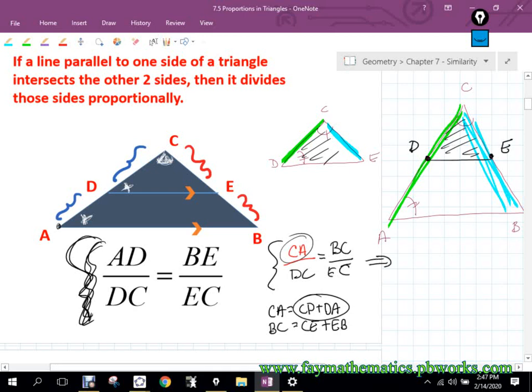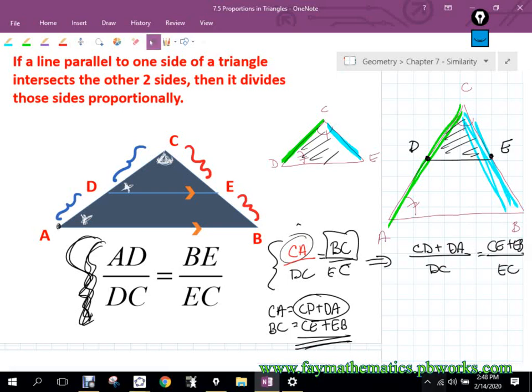So that's what I'm going to try to do here. I'm going to write CA as CD plus DA. It'll be over DC. And then whenever I see BC, I'm going to replace it with that. So CE plus EB. And that'll be over EC.